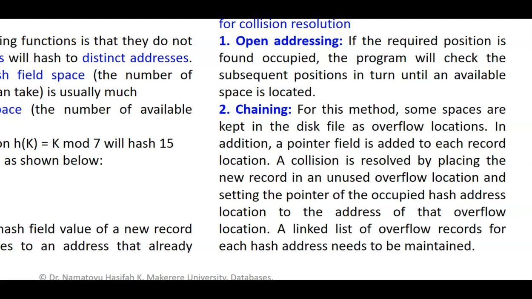For this method, some spaces are kept in the disk file as overflow locations. In addition, a pointer field is added to each record location, implying that you have a pointer that points to the location that is empty or that has not been used. So a collision is resolved by placing the new record in that unused overflow location and setting the pointer of the occupied hash address location to that particular address. So you set a pointer for the record that you have inserted into the unused space, such that it is not pointed to as an empty record.